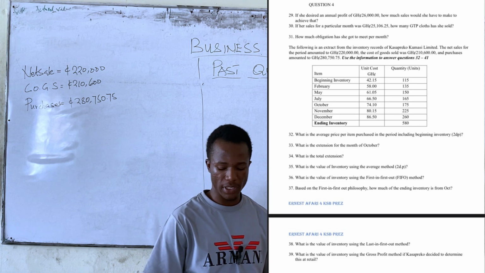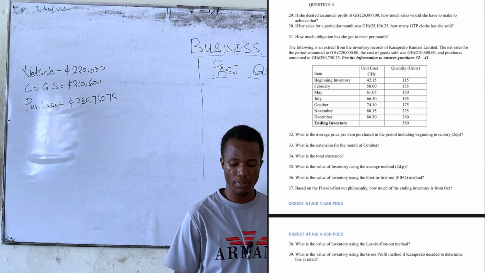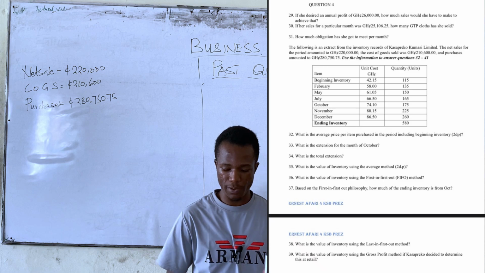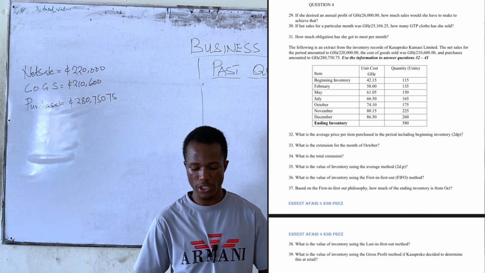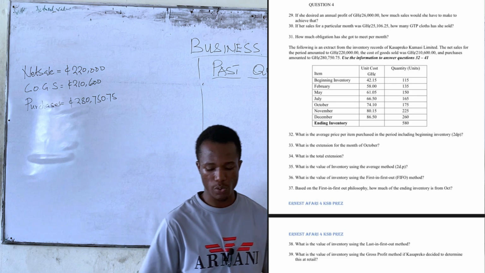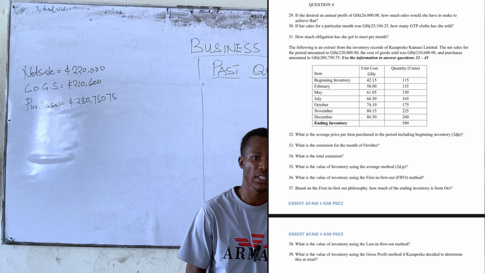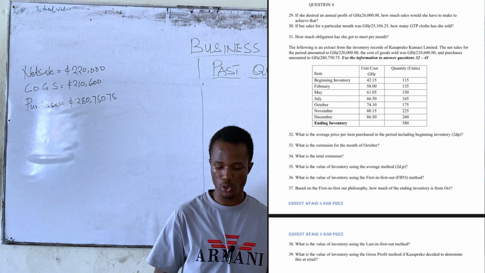Okay, so from the table we have the item, unit cost, and quantity. So for beginning inventory, we have it there. We have beginning, February, May, July, October, November, December. We have all the unit costs there, and we have the quantity. In a situation whereby they give you a unit cost and market price, you always have to go for the unit cost.